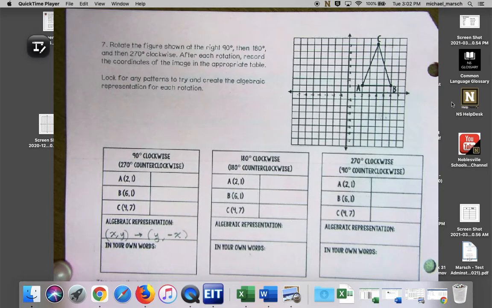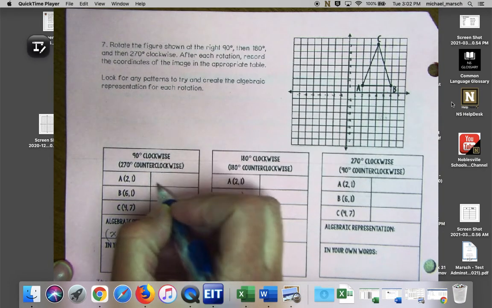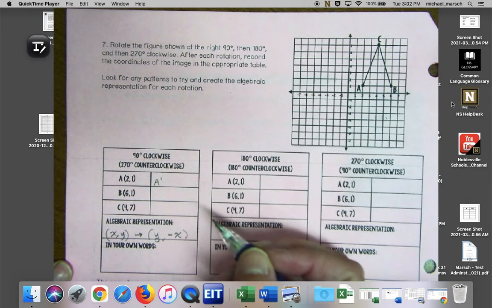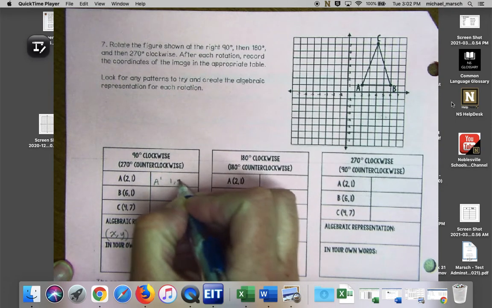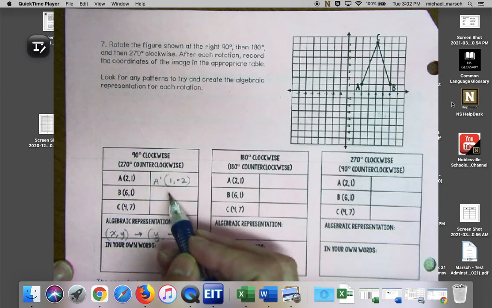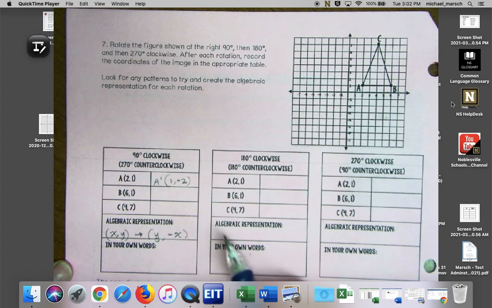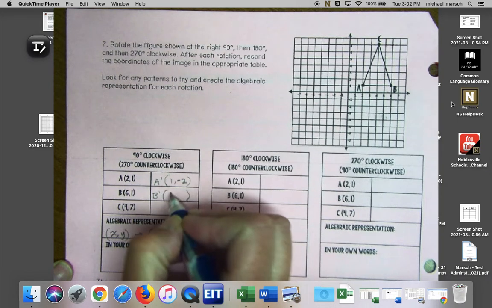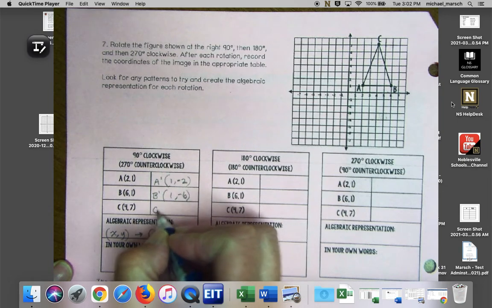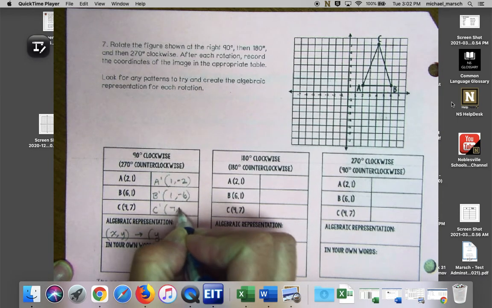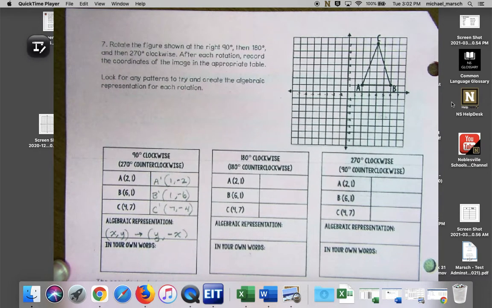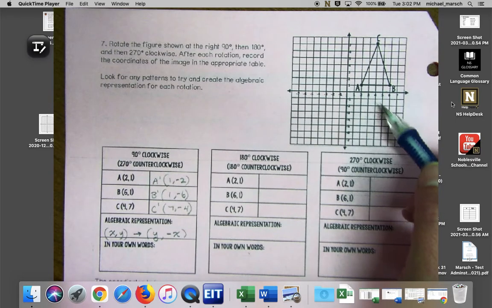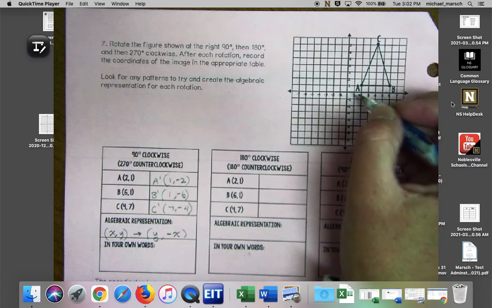So who thinks they can tell me what this A prime will be? 1, -2. Yep, I flipped them, and then the 2 became the opposite, which is going to be negative. How about B prime? 1, -6. 1, -6, and C prime? 7, -4. So then we will go up here to our coordinate plane, and we will plot those.